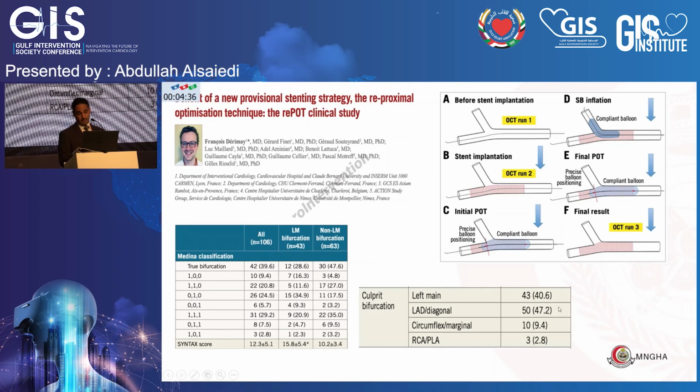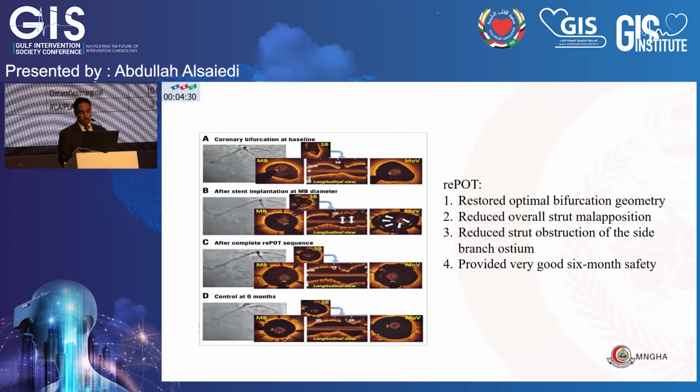You could appreciate different locations: left main, LAD diagonal, circumflex marginal, and RCA PLA. Based on the OCT results, this repot technique restored optimal bifurcation geometry, reduced overall strut malapposition, reduced strut obstruction of the side branch ostium, and provided very good 6-month safety.